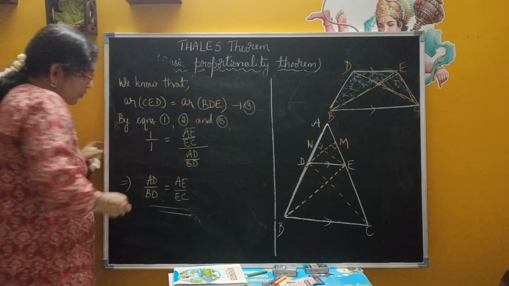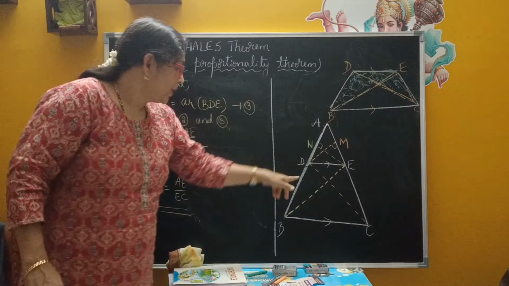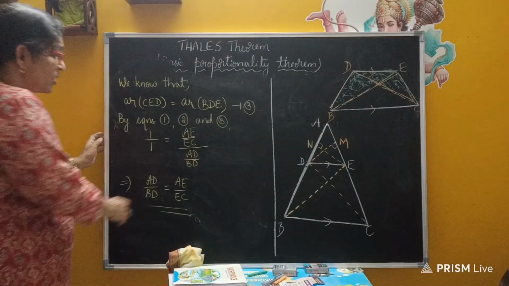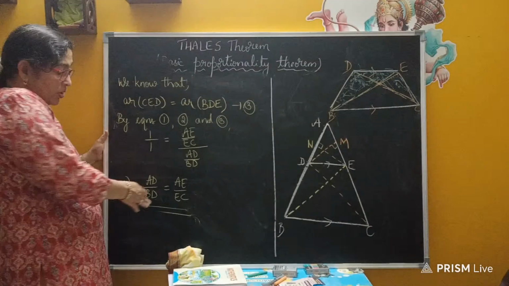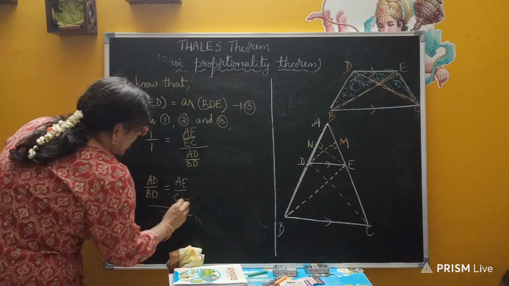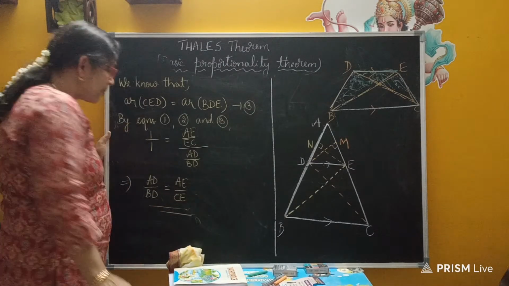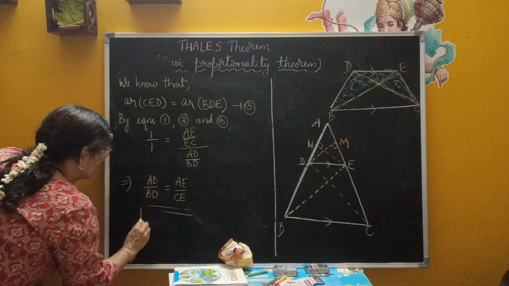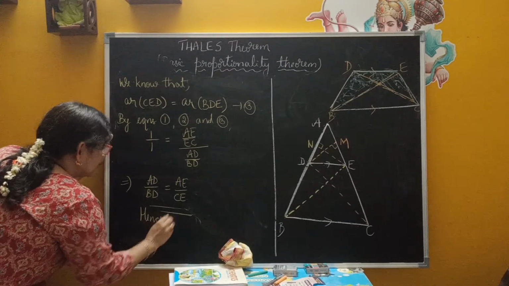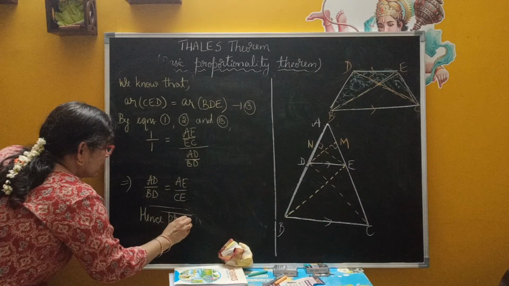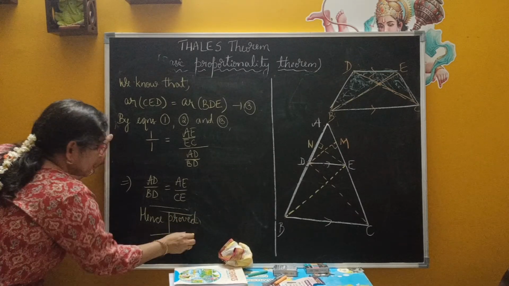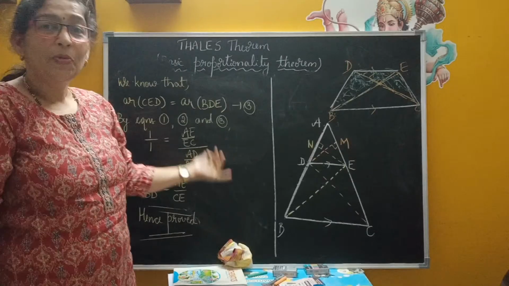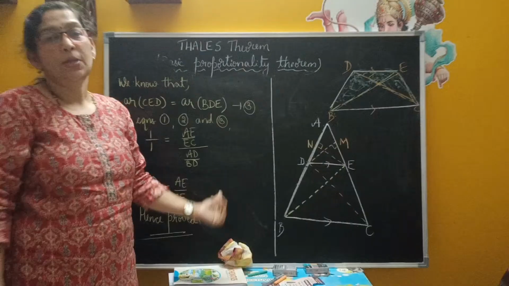Here CE and AC, both are the same. So this theorem has been proved. Hence proved. So, very easy now. We have proved Thales theorem, or the basic proportionality theorem.